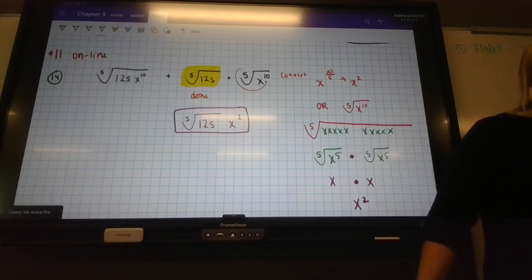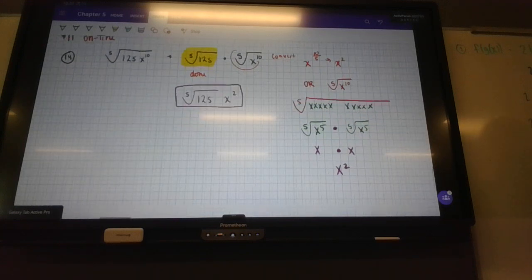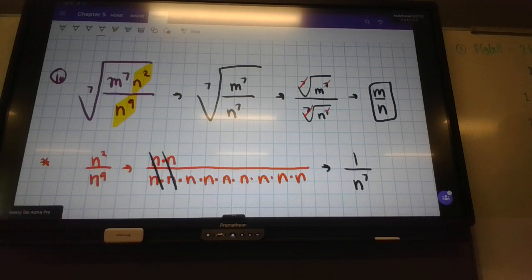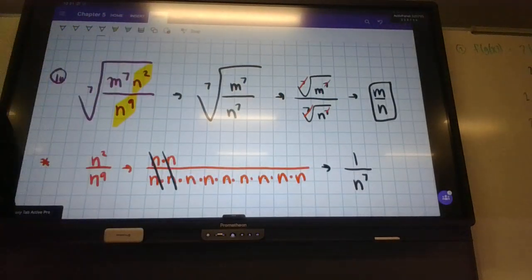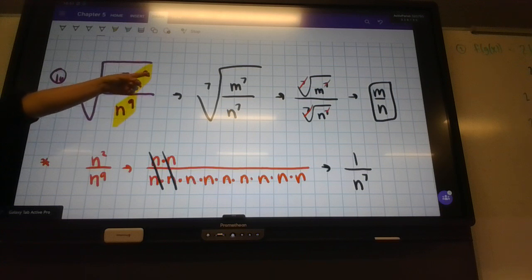16 on paper. The first thing to simplify with 16 is the fact that you have n's top and bottom. There's a longer way: you could do 2 minus 9, because that quotient property says we subtract.